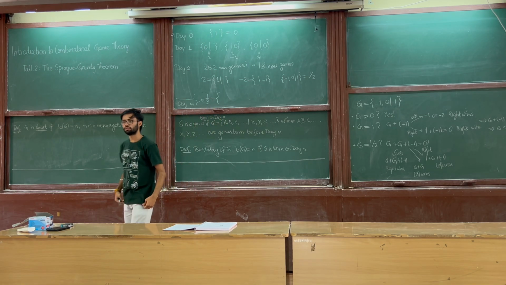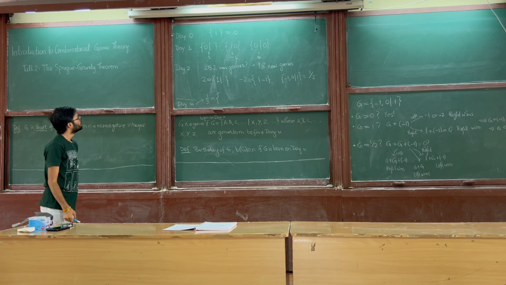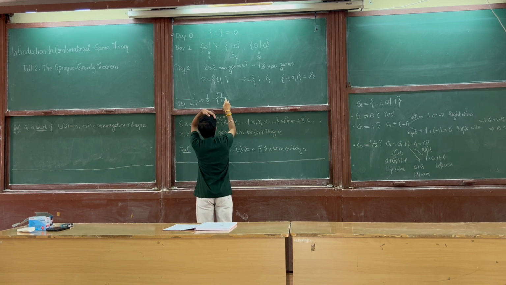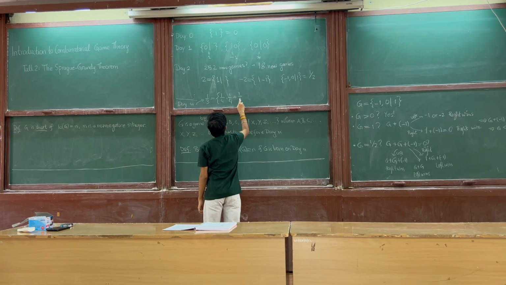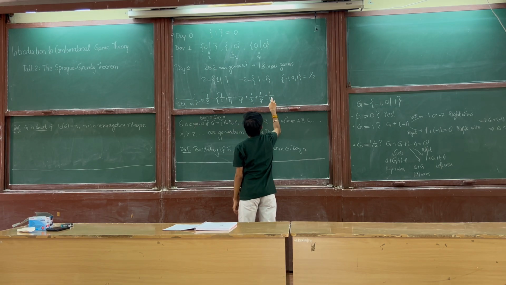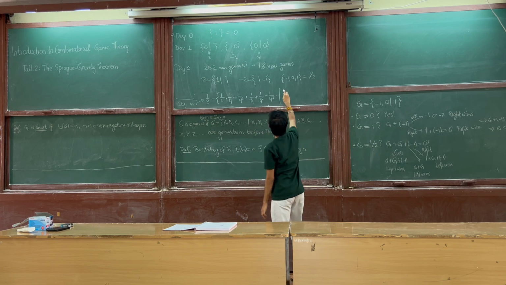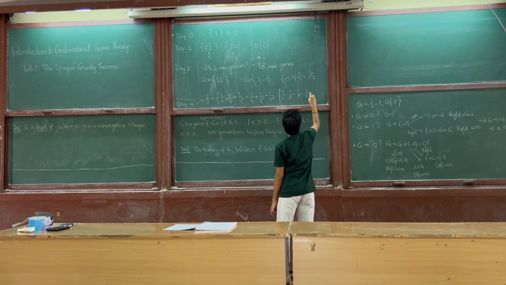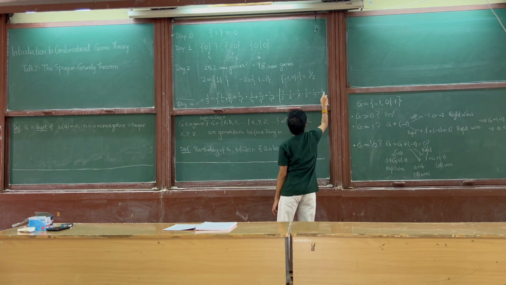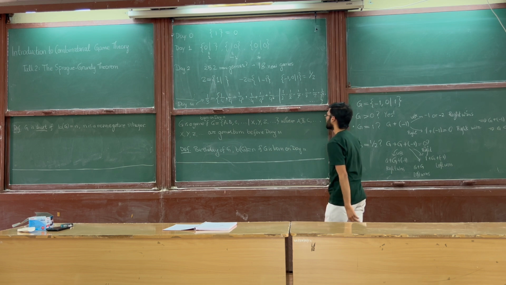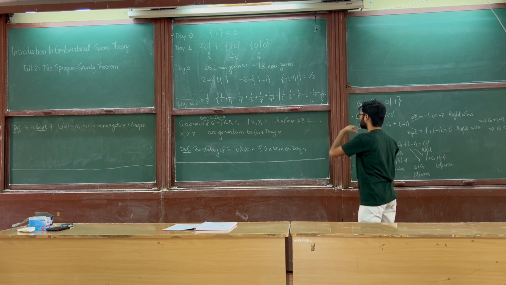Let me just give one example of something that is not born here. That is 1/3. So what is it exactly? 1/3 is defined as this game.